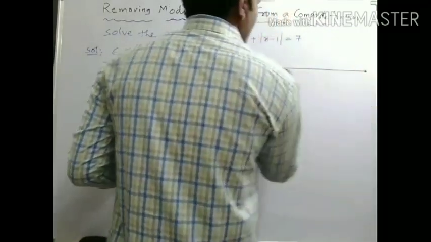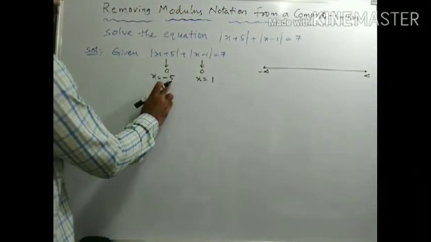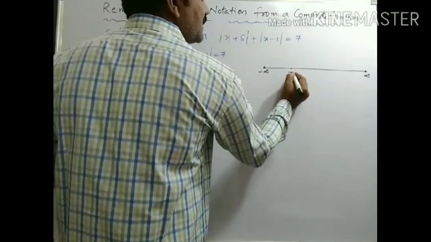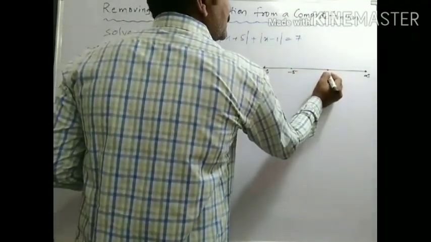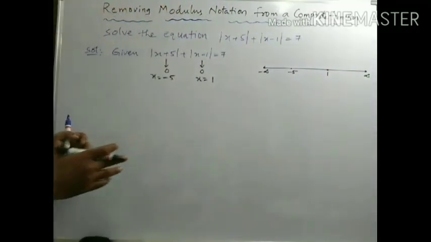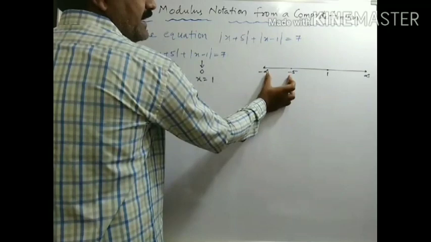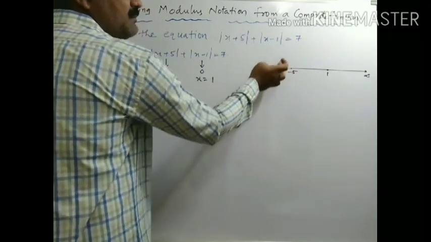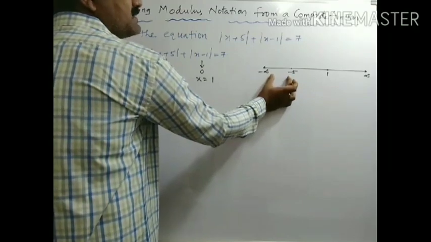Now with the help of the real number line, the number line should be divided into 3 parts. One is minus 5, say this is minus 5, and the next one is 1, suppose this is 1. So now the entire number line is divided into 3 parts. Case 1: the set of all values of x which are less than minus 5.